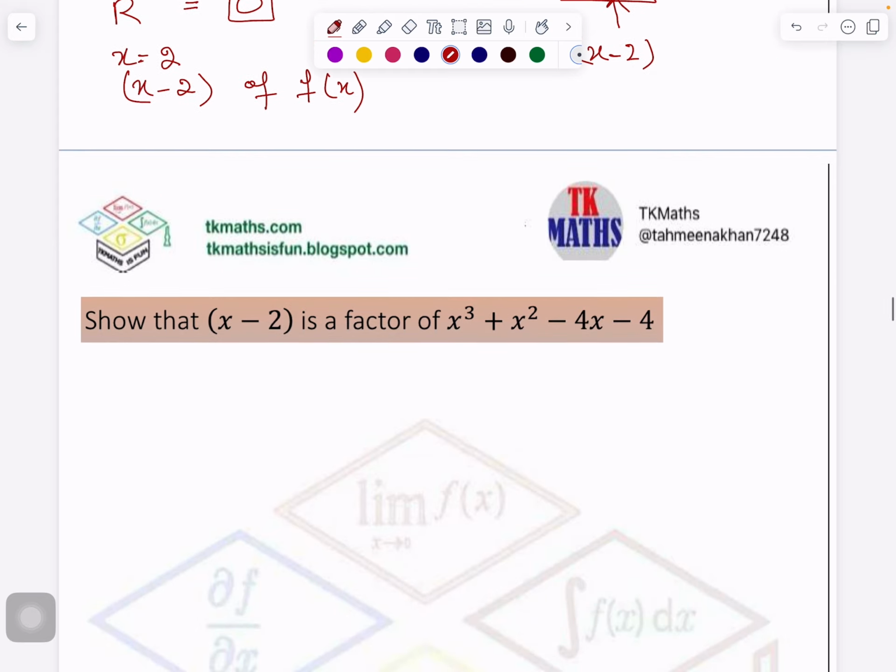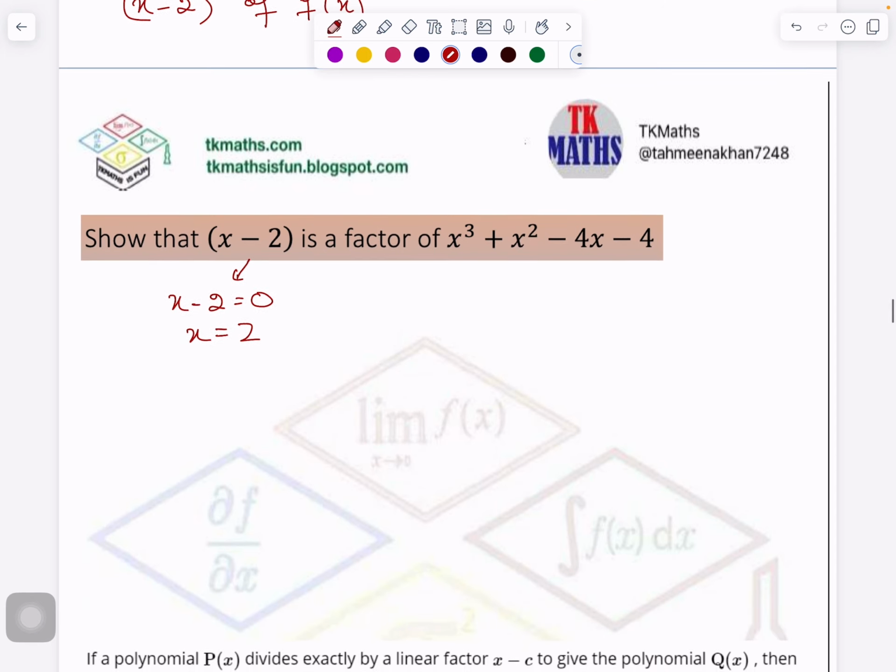So what is the first step you will do? From x minus 2, you will get the value of x. You got 2. By chance it is again 2. It's not necessary that every time it will be 2, right? And the polynomial which you have to divide, give it a name. For example, I'm giving it the name f of x. So f of x is equal to, because it is very important how you present your work, right?